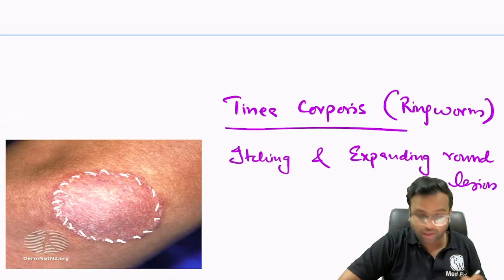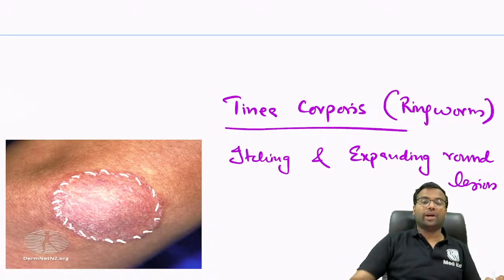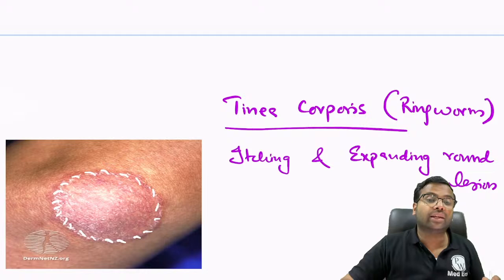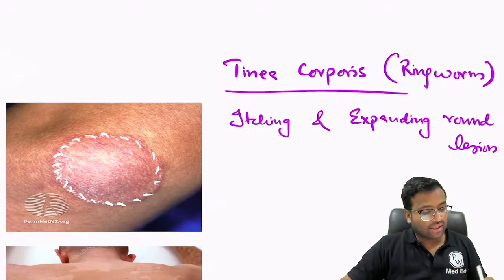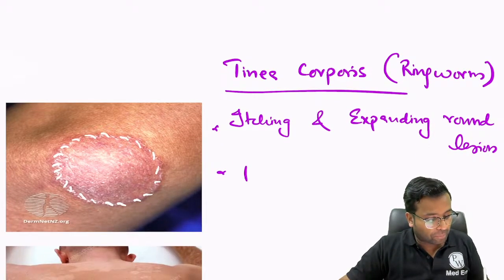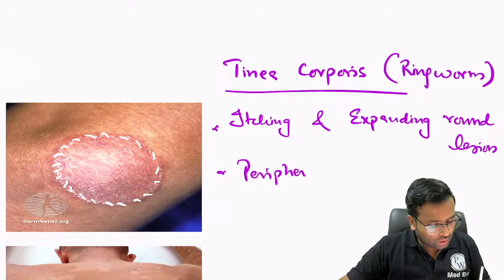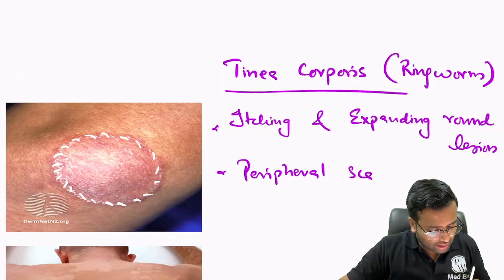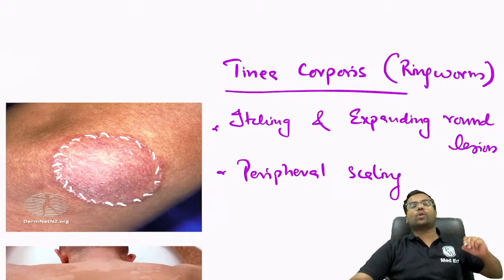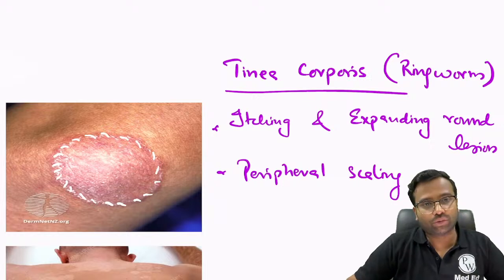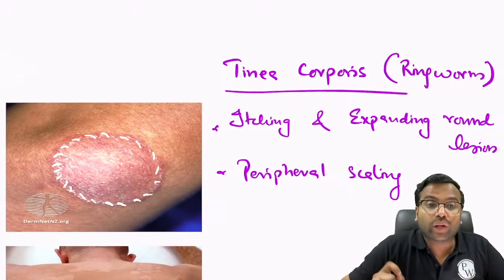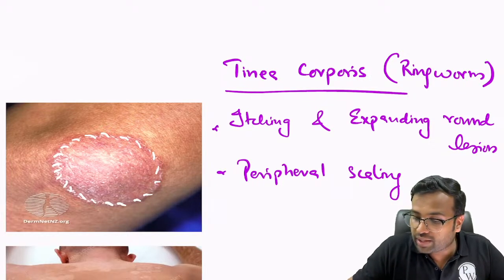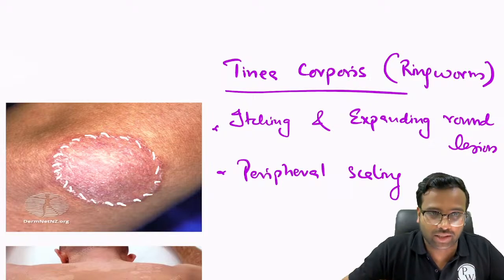And very, very important finding that you can see in this patient is that the patient is having a peripheral scaling. That is going to be one of a very important finding for you. Okay, so that is how you diagnose a tinea corporis. We'll deep dive into the investigations in some time.